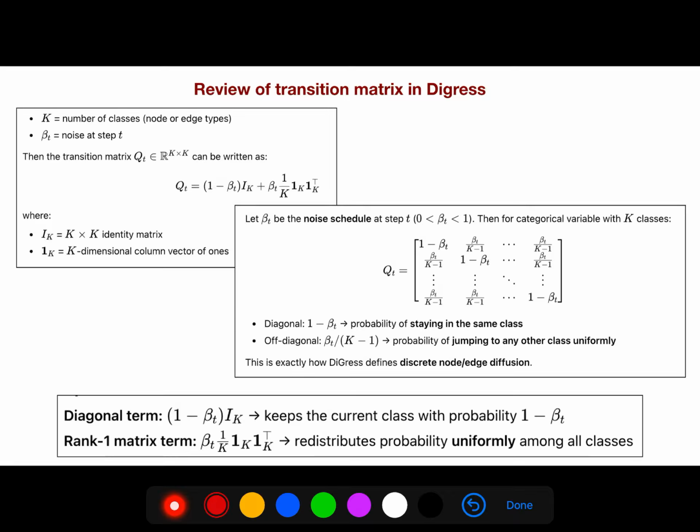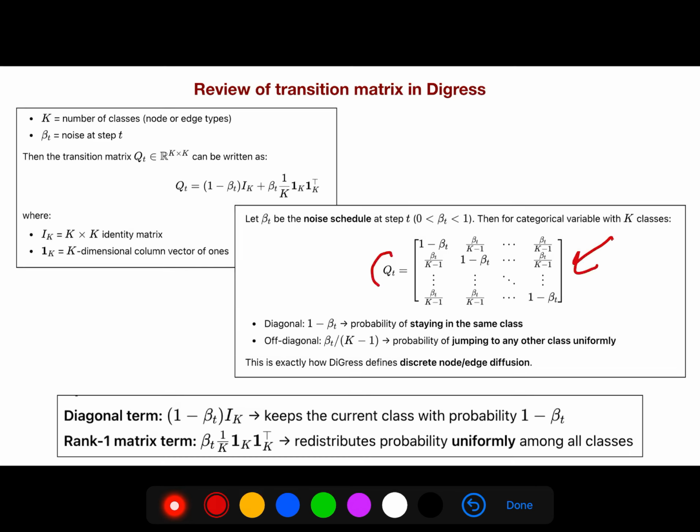Otherwise, it's not an identity. So it's the noise schedule. In most algorithms, we fix it, but some papers recently learn it as well. Because its sampling is not differentiable, they use Gumbel softmax. And this is the categorical variable with K classes.